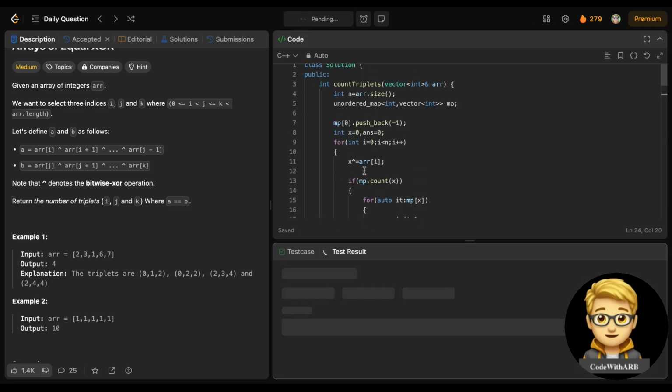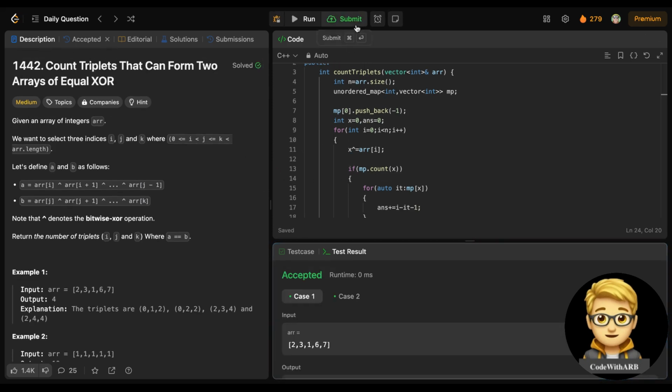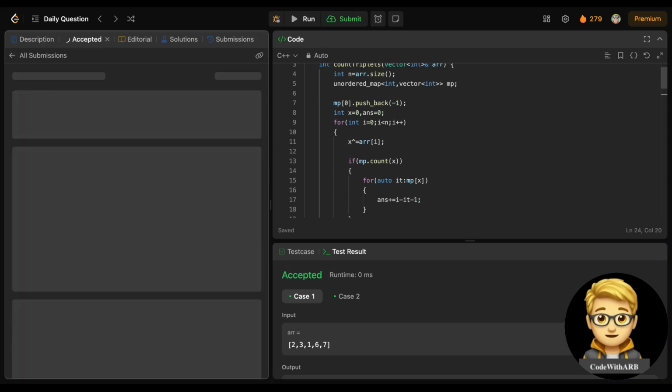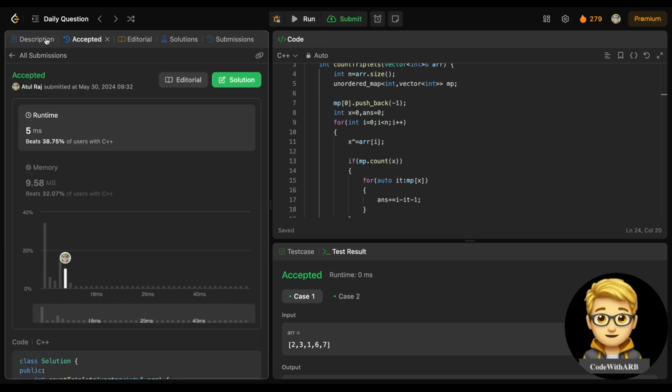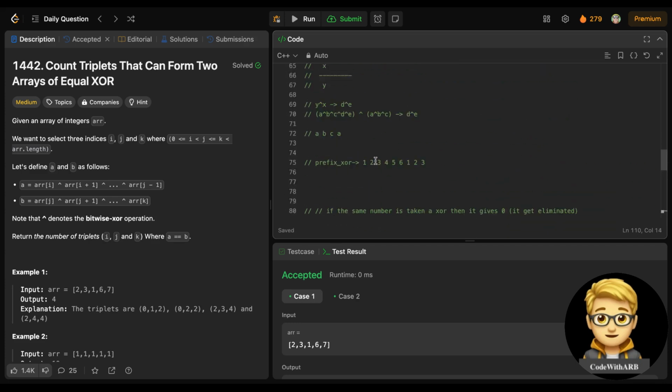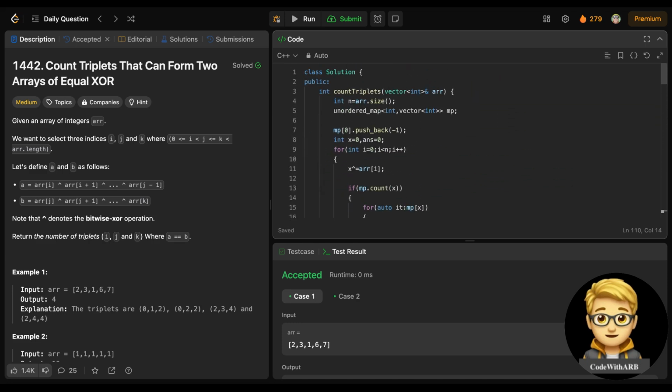Let's try to run this. We have passed the sample case. Let's submit it. Yeah, we have successfully passed it. So what will be the time and the space complexity? The time complexity would be O of n again, because we are storing only one time.